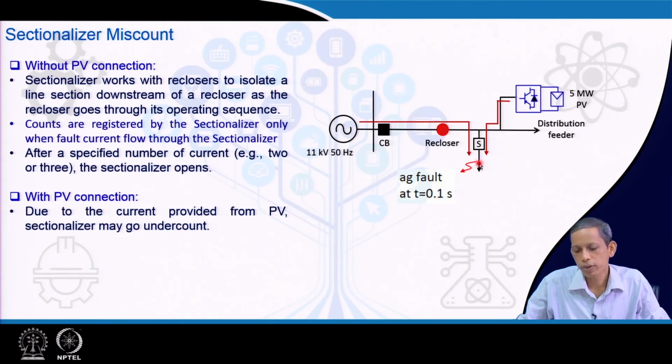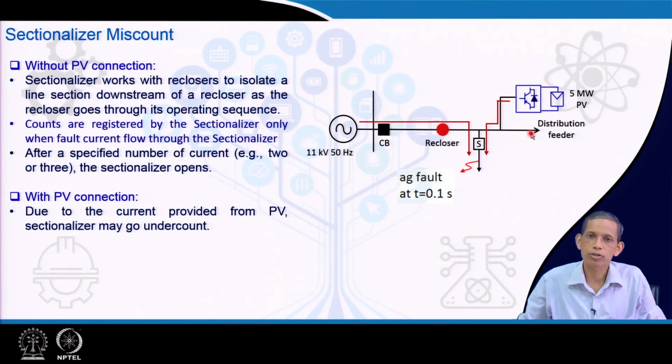Now, for a fault here, the sectionalizer counts the number of interruptions by the recloser, and if it finds the corresponding current to be high in this path, then while the recloser has opened at some time, the sectionalizer opens and clears the fault, thereby the other sections in the distribution system restore the supply very quickly.